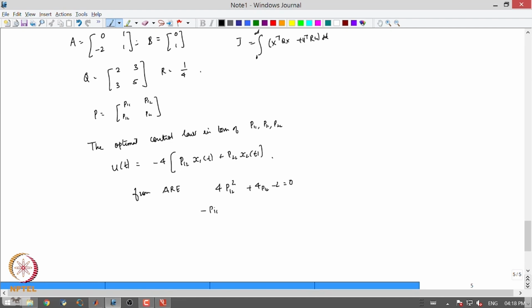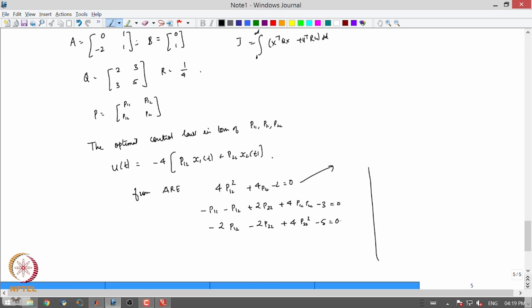I have minus P11 minus P12 plus twice P22 plus 4 P12 P22 minus 3 equal to 0, and lastly I have minus twice P12 minus twice P22 plus 4 P22 square minus 5 equal to 0. So I have three equations here.